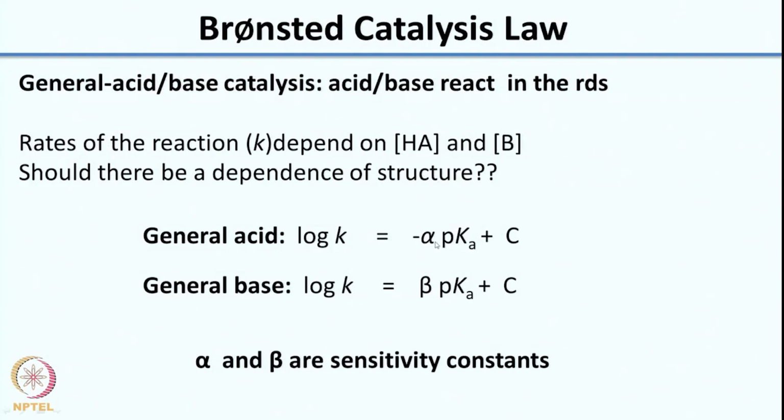Now let us try to understand this more closely. Does this remind you of any equation that you had seen earlier where you are correlating the rate to some sort of a dissociation constant? Think a little more. It is similar to the Hammett equation, correct?